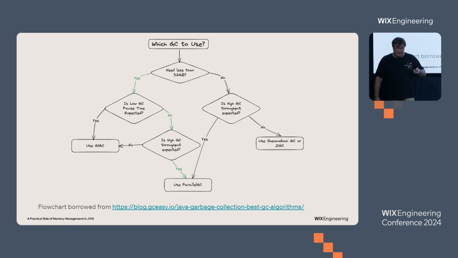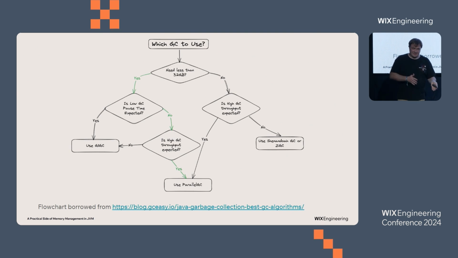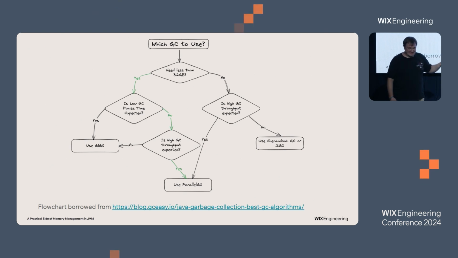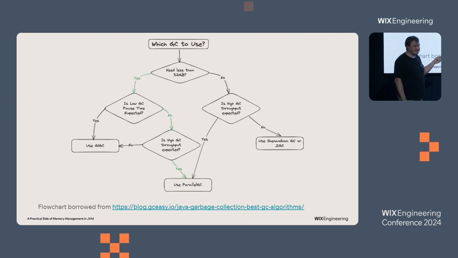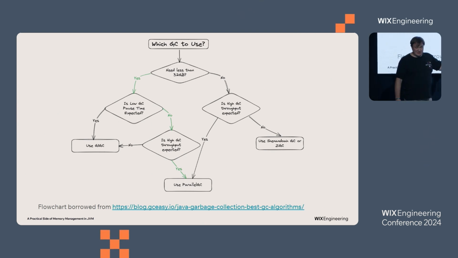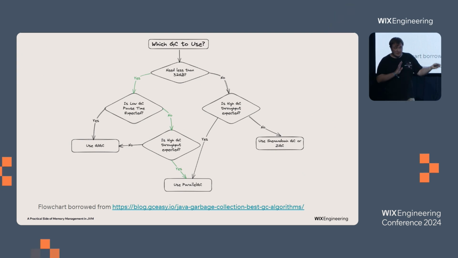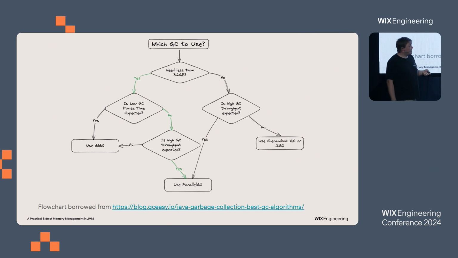At Wix, the majority of services are stateless gRPC services. So we can actually answer all these questions for 98, 99% of all Wix services. We don't need a large heap. We don't care about GC pause time too much because the pauses are short, so we rarely see any effect on response time because of the GC pauses.